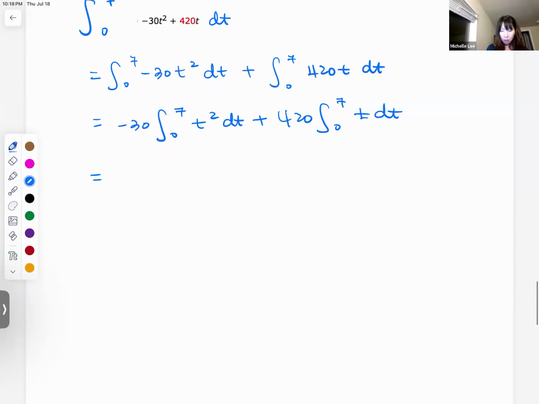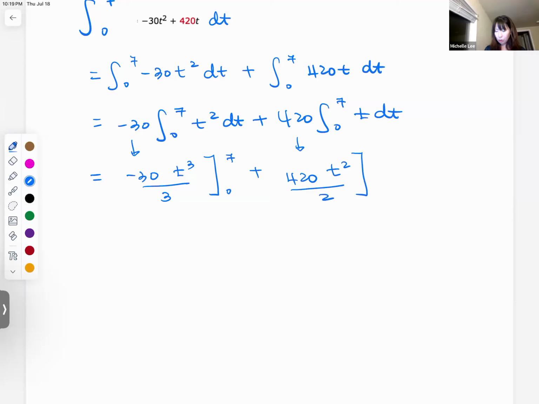All right, so we write down negative 30 and the antiderivative of t squared, which is t to the third power over 3, and we evaluate from 0 to 7, plus 420 and the antiderivative of t, which is t squared over 2, and then we evaluate from 0 to 7.